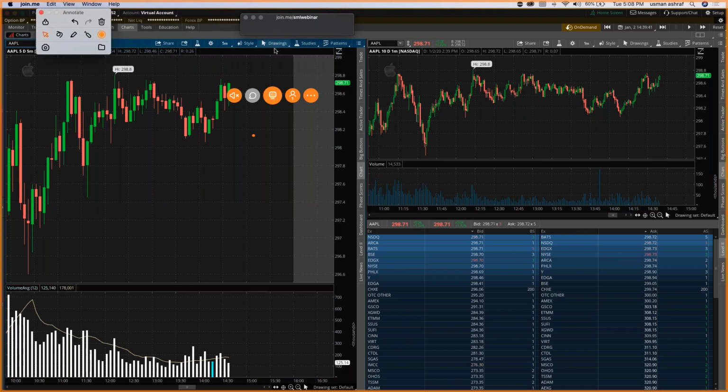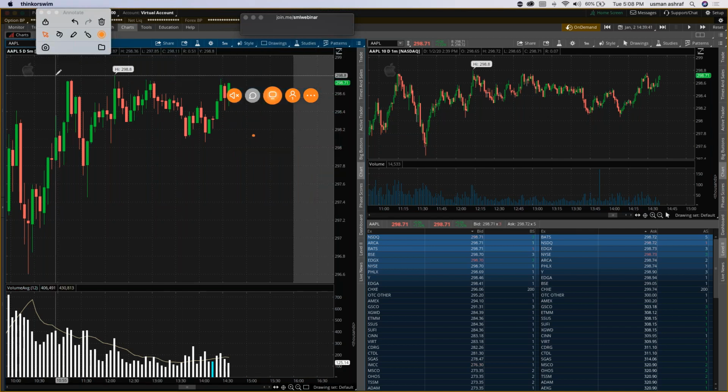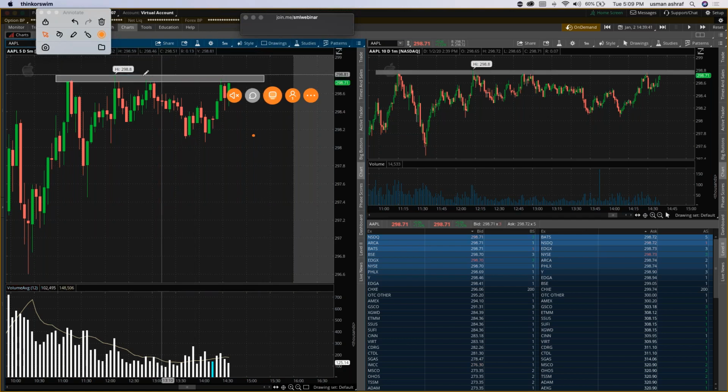You go to drawing tools and there's this little box. We're going to draw this box, which is the high 298.80, and between 298.80 and about the 70s. See right here, a lot of times it goes there, tries to break, gets rejected, and comes back down. Same thing here, it does it multiple times.